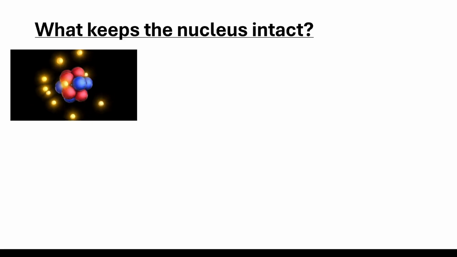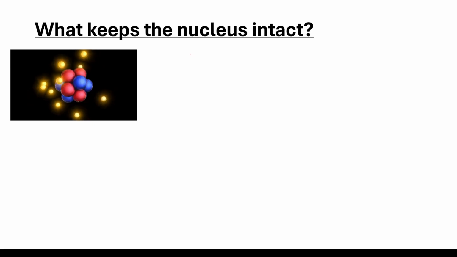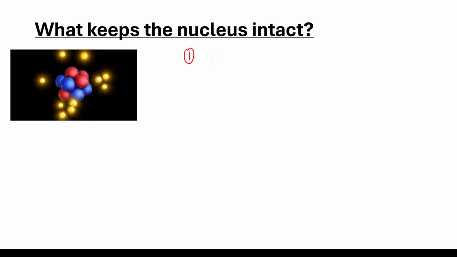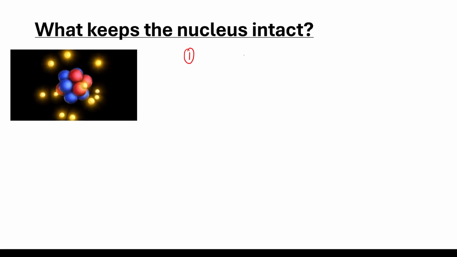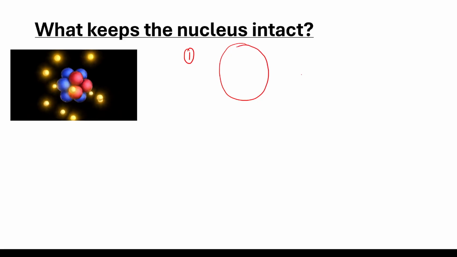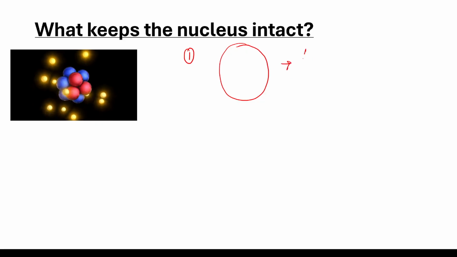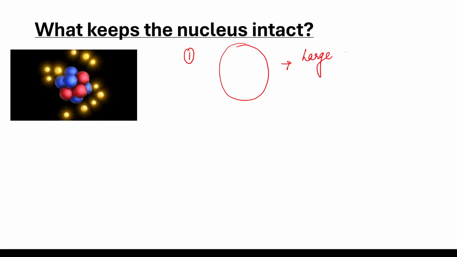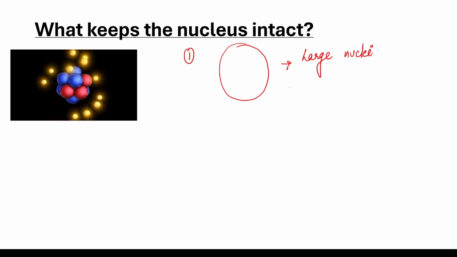Okay. Now, obviously, then what keeps the nucleus intact? So, first, if your force of repulsion and nuclear forces are balanced, the nucleus would be intact, would be stable. But then, if the size of the nucleus is too large, the nuclear force becomes weak, and it becomes unstable. So, a large nucleus would be unstable because the nuclear force would become less.